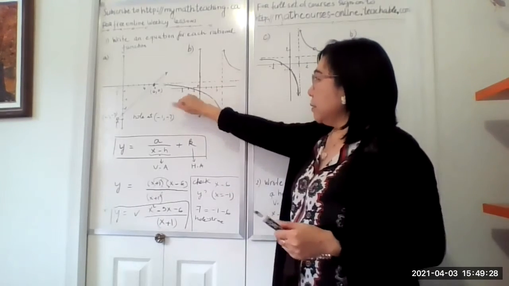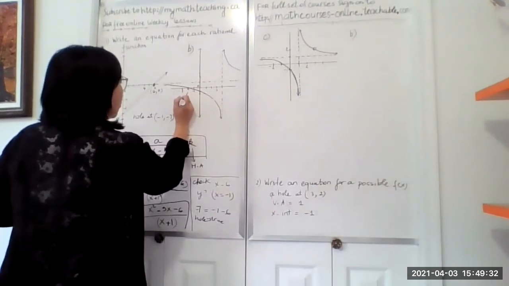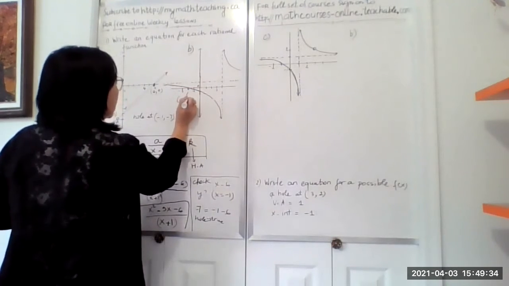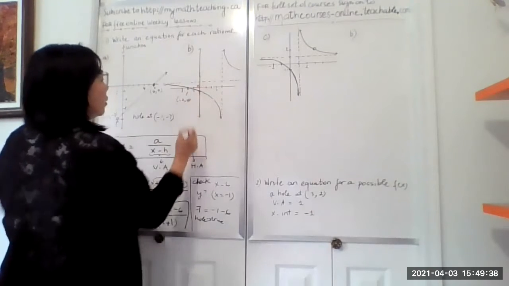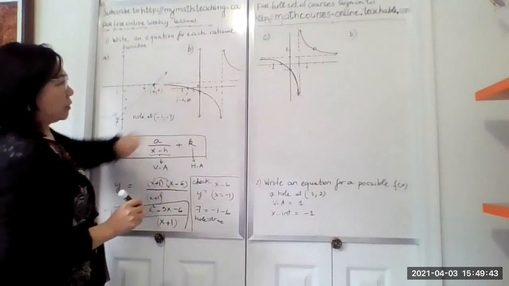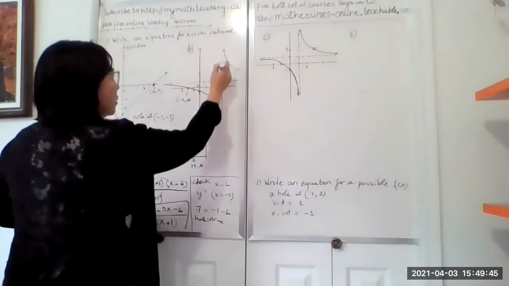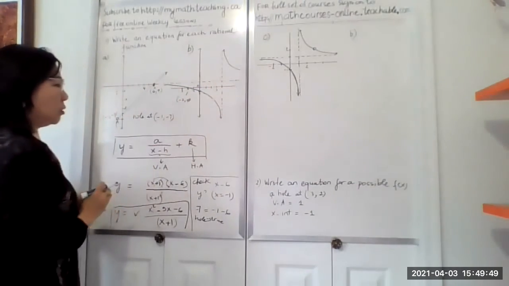We see the x-intercept here, right? And this x-intercept is what? -2 and 0. We also see the y-intercept here. It looks like 0.5 for the y and 0 for the x. We also see the vertical asymptote, and we also see the horizontal asymptote.